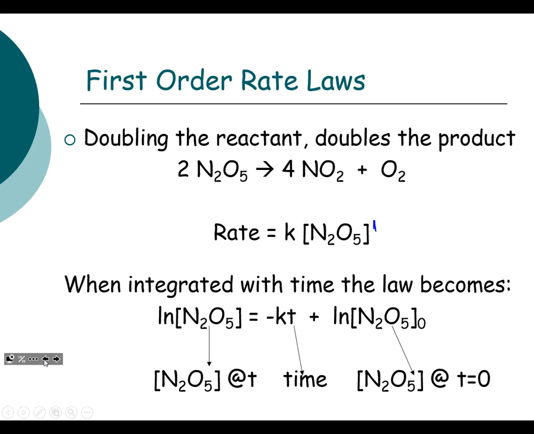That initial time is going to be important to us as well. And if you go to your chart, Kinetics Made Easy, you'll see natural log of A equals negative Kt plus the natural log of A0. We just plug an A in there. Every first order integrated rate law looks exactly the same.